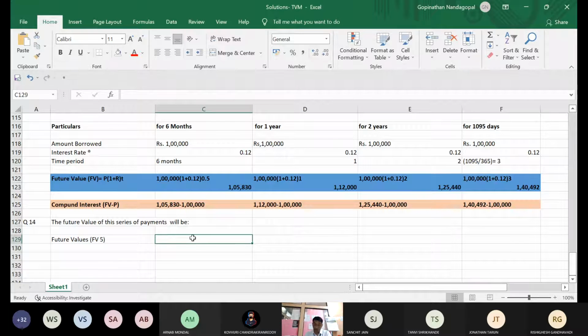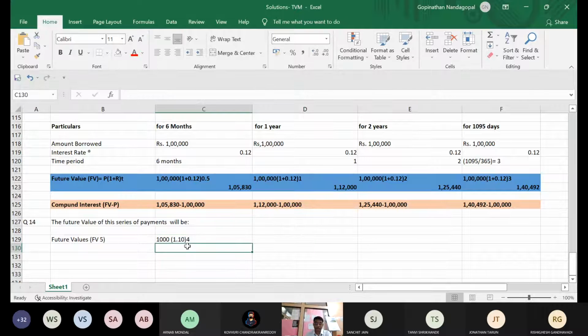That is equal to 1000 rupees at the end of the first year. At the end of the first year, the rate of interest is 10% and the compounding will be for the 4th year.